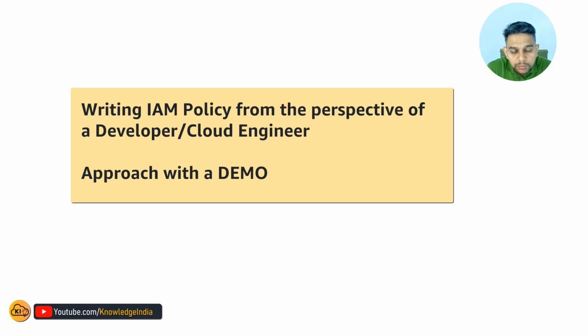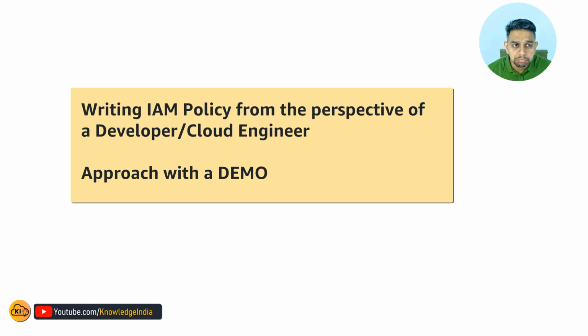In this particular video, we will talk about IAM permissions from the perspective of a developer and probably a cloud engineer who is working with the developer. So let's take a scenario that we are working on an application development. This application is probably hosted on cloud.